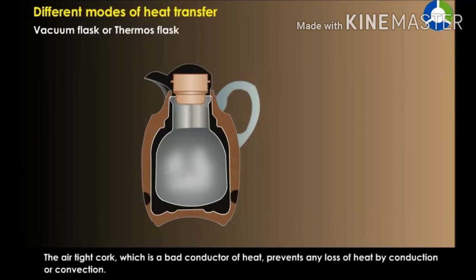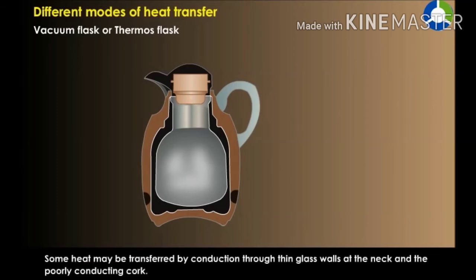The airtight cork, which is a bad conductor of heat, prevents any loss of heat by conduction or convection. Some heat may be transferred by conduction through thin glass walls at the neck and the poorly conducting cork.